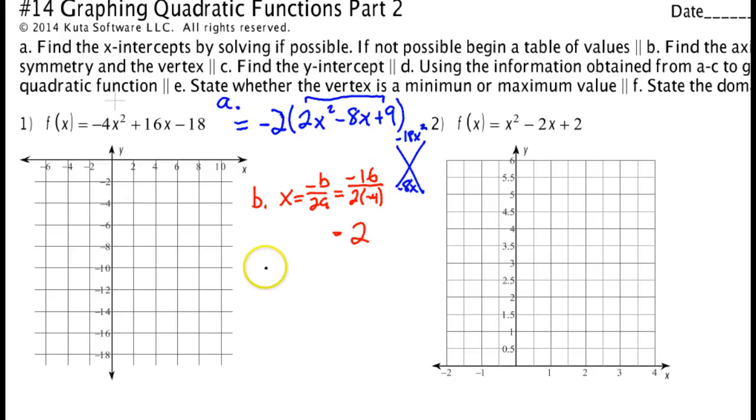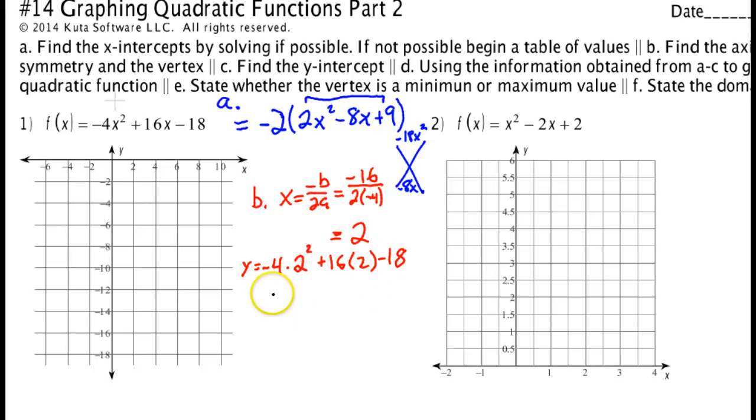And then let's plug 2 in. Y equals -4 times, what's that? 2 equals 2. Yes, it's negative divided by a negative. Alright. Plus 16 times 2 minus 18.